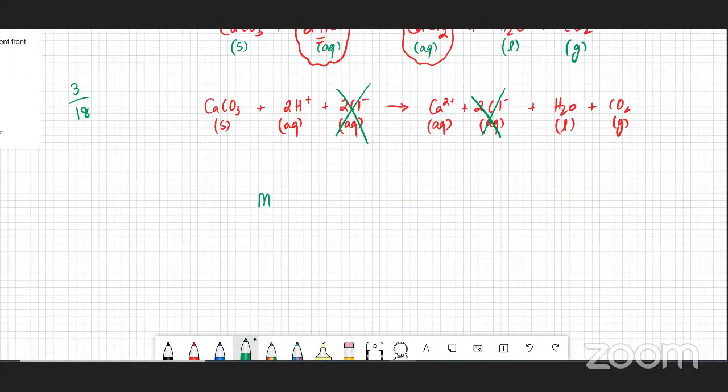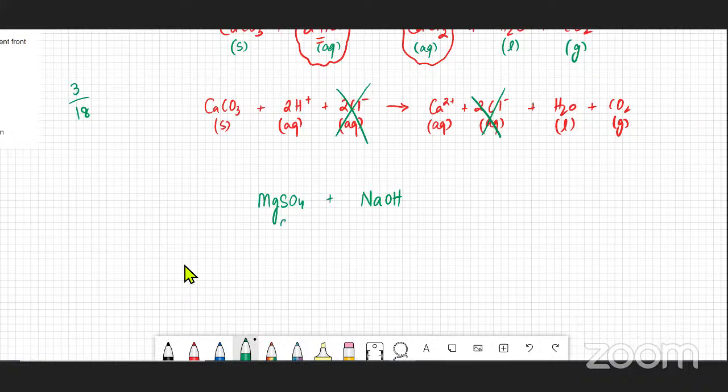So MgSO4 plus NaOH. So now the thing is, this is an ionic precipitation reaction. Because there's no reaction, the salt reacting with a base. Okay, that's not a reaction.